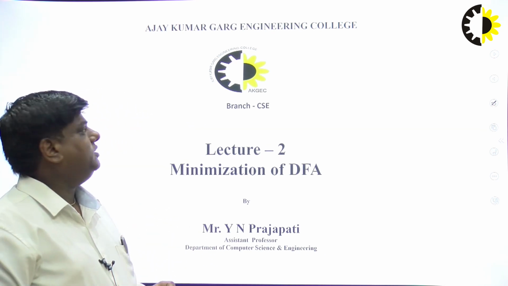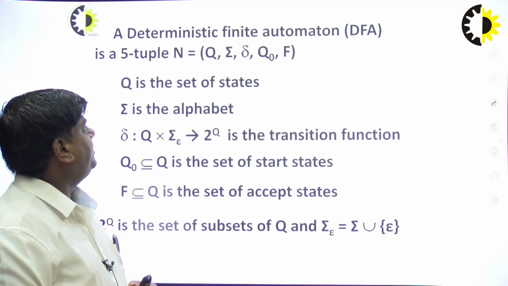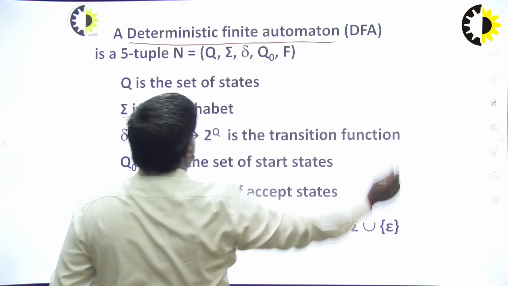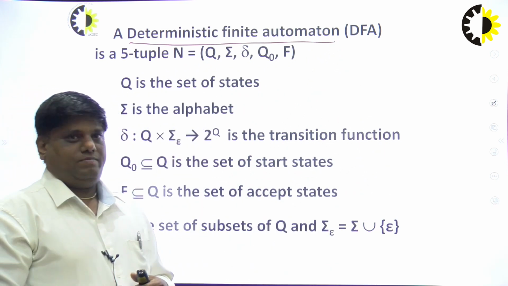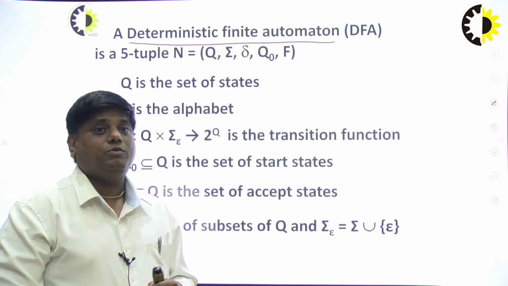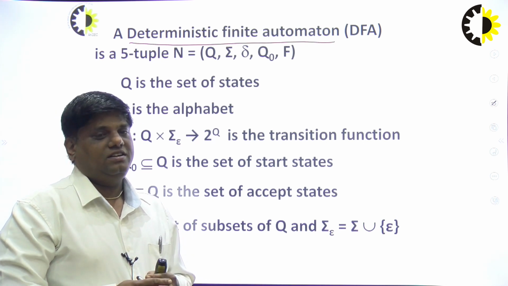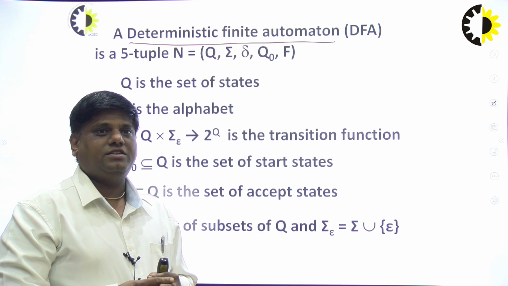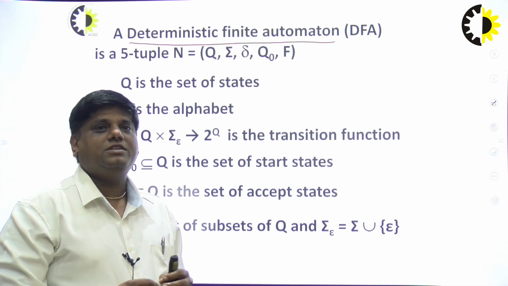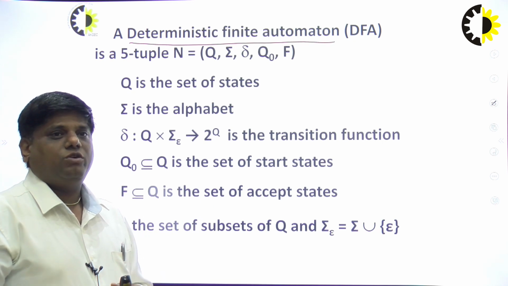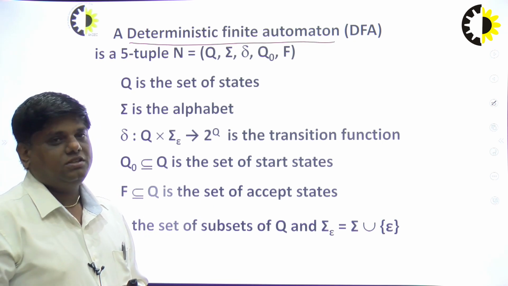DFA stands for deterministic finite automata. It means with the help of a single input, the machine can move in only one direction. Deterministic means the paths of the machine are defined. This is the mathematical definition of deterministic finite automata.